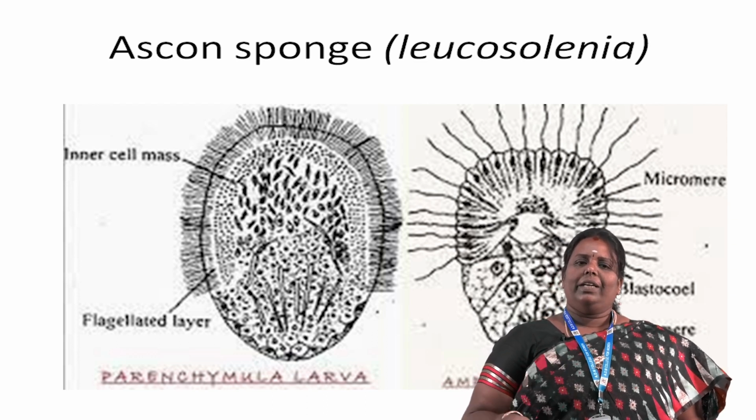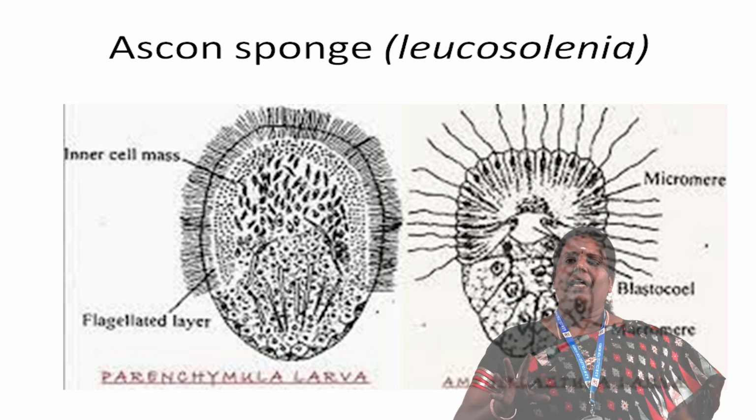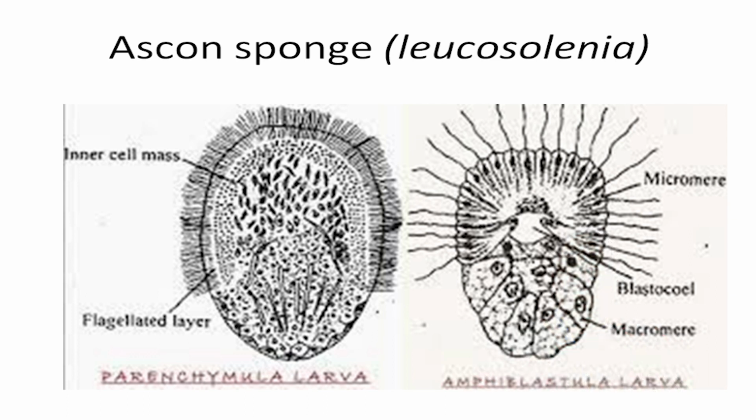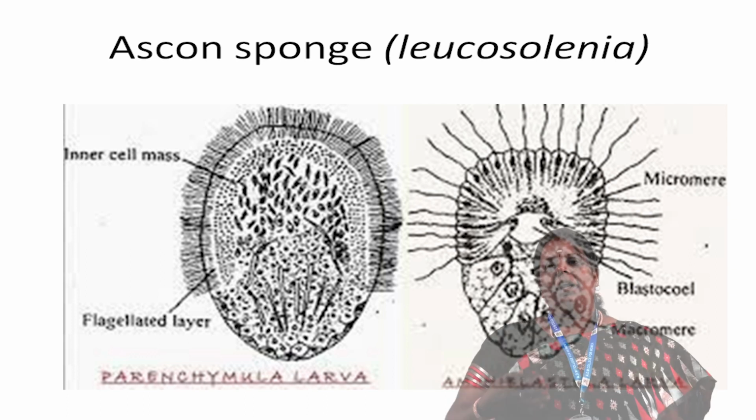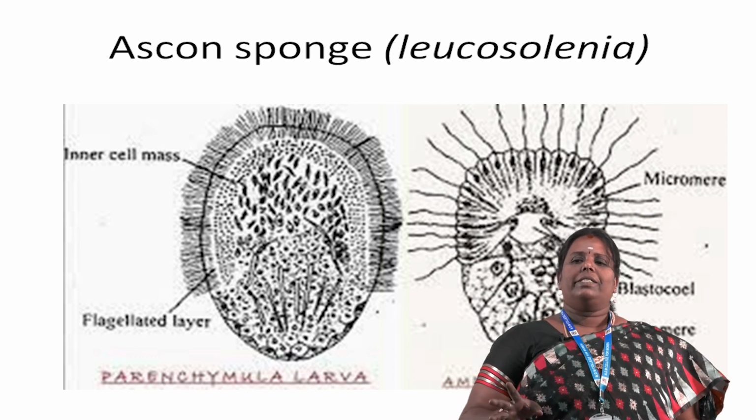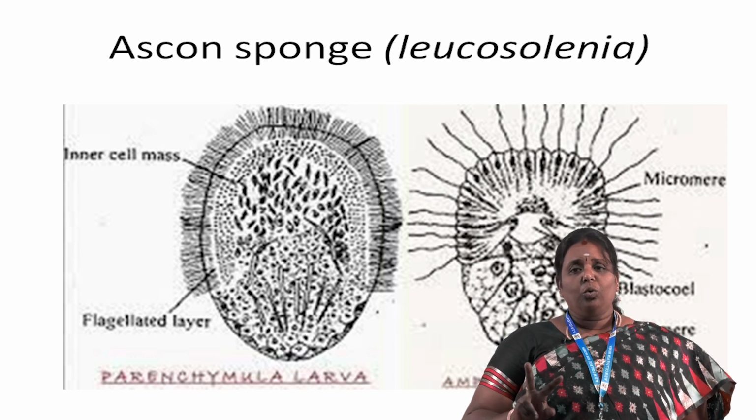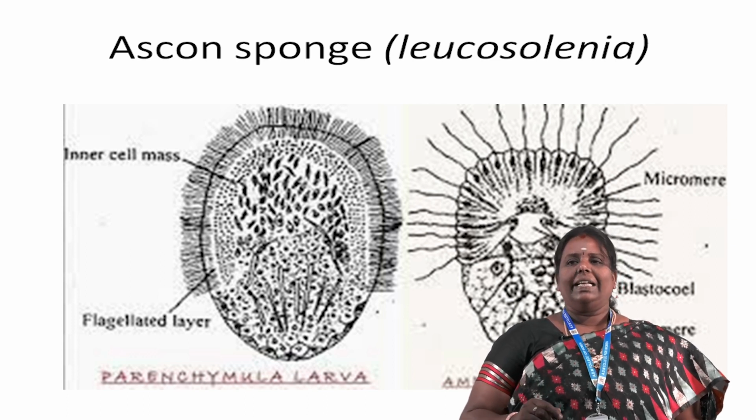After the 32 cell stage, an inner mass of cells develops, the parenchymal cells, and the flagellated layer also forms. The flagella help in movement, and macromeres, blastocoel and micromeres are all present in the amphiblastula larva. There are 2 types of larva in the ascon sponge.